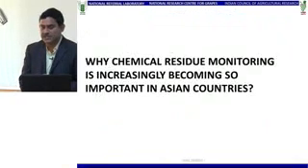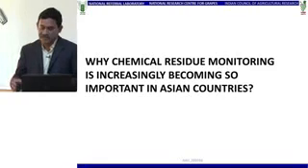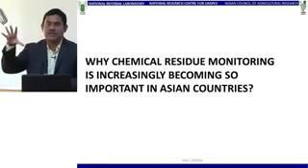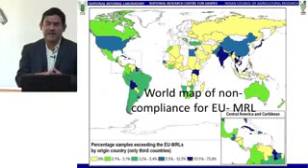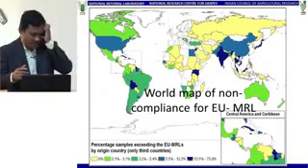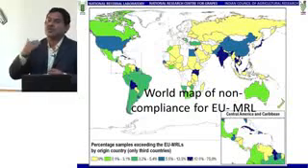So why is chemical residue monitoring becoming increasingly prominent in Asian countries? Because India is one of the hotspots of MRL non-compliances. This is a world map created by the European Food Safety Authority. The darker the color, the more non-compliances.